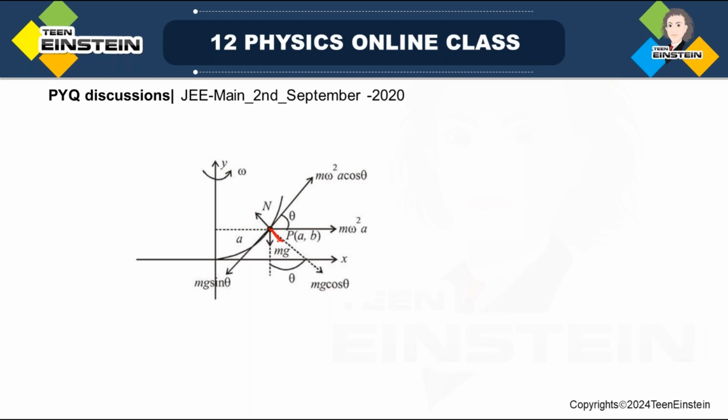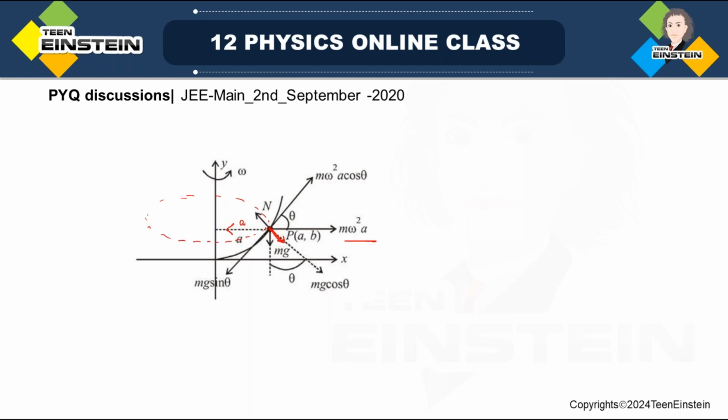Since it is moving in a circular orbit, it experiences a centripetal force in this direction, and the centrifugal force will be in the opposite direction, with the same expression m omega square a. At this position the radius of the circular path is a.